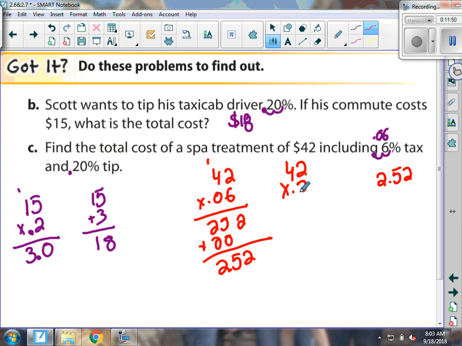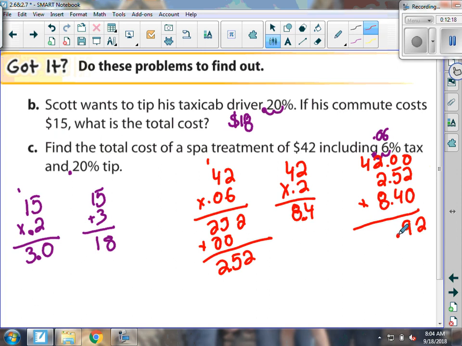And now I'm going to find out my 20% tip. So multiply this by 0.2. 2 times 2 is 4. 2 times 4 is 8, and I have 1 decimal place. So that's $8.40. So now I need to add these to my $42 to find out the total cost. 2 plus 0 is 2. 5 plus 4 is 9.